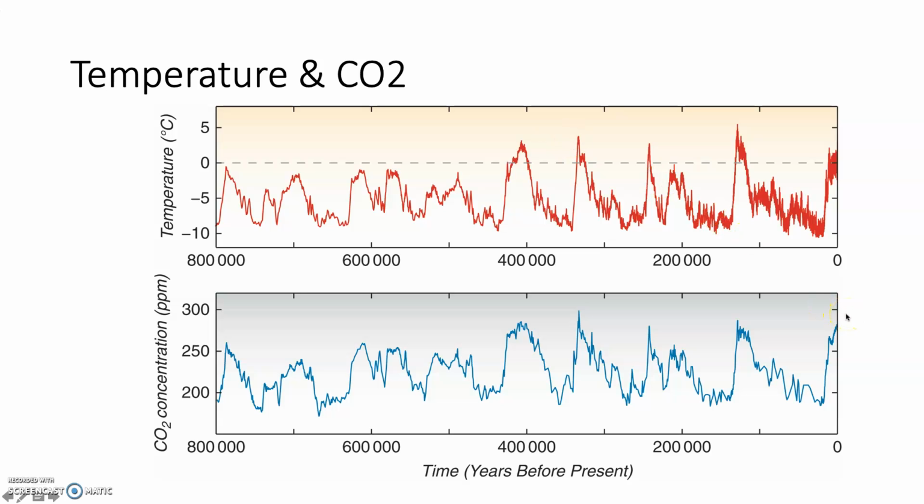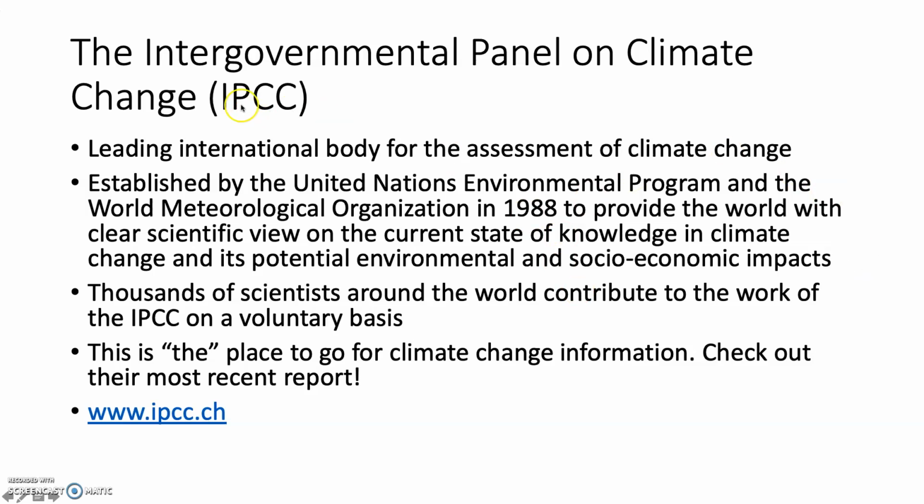But there's this whole group of people who have come together and have been releasing climate reports every, I think, 5-ish years, 4 or 5 years. And this is called the Intergovernmental Panel on Climate Change, the IPCC. Maybe you've heard of these people before. It's basically a leading international body for the assessment of climate change.